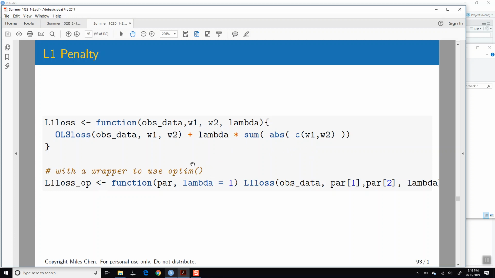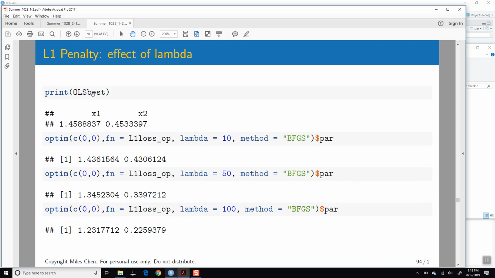Then I have it optimize, telling R to optimize the L1 loss. When I do this, the OLS least squares estimates, the coefficients that minimize the sum of squared residuals, are 1.458 and 0.453397. Here we can see what different values of lambda do to the coefficients.